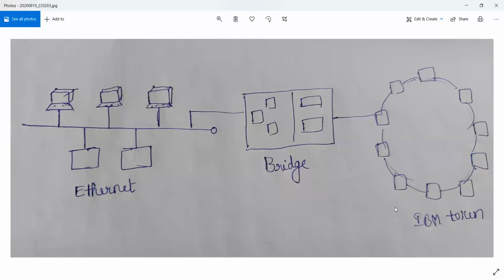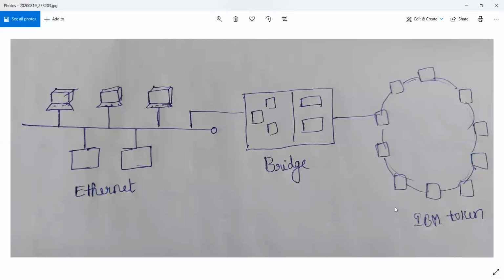Once a message is sent by a machine, the other machines act as slaves and are not able to send a message. Once again, I'm repeating. In bus topology, only one machine can send information at one time, and if other machines try to send messages at that time, there becomes a conflict.